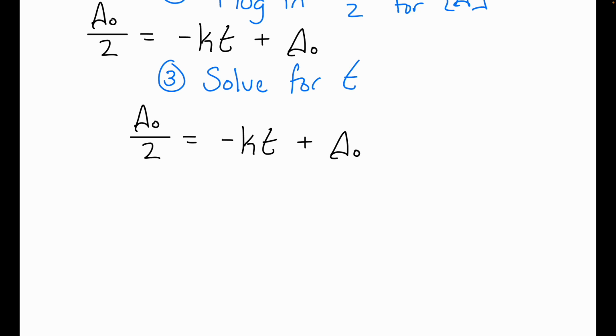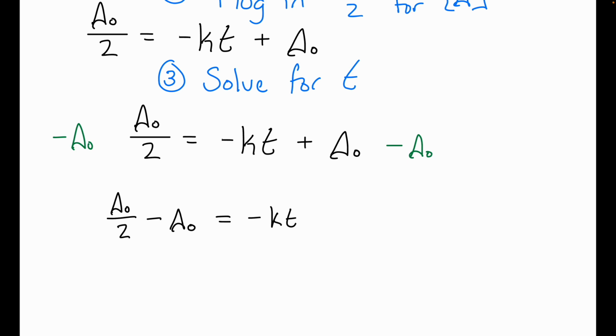All right, so I'm just going to do this step by step here. The first thing we would have to do is subtract A naught from both sides. And then we have negative kt equals whatever's on the left-hand side.